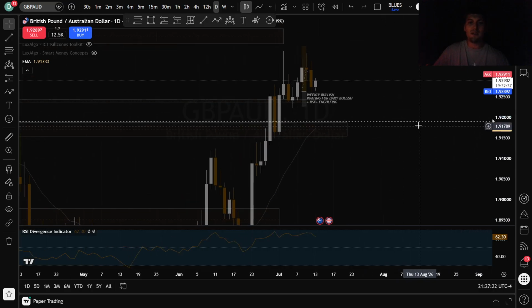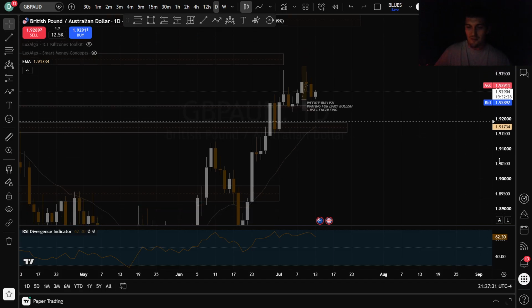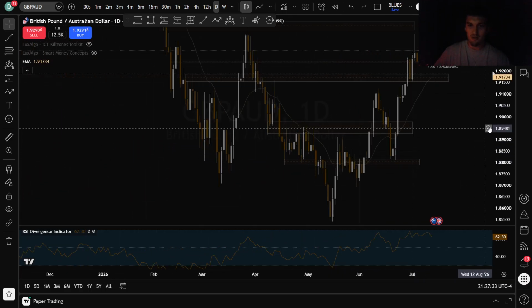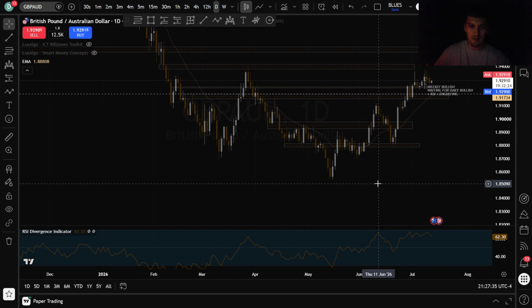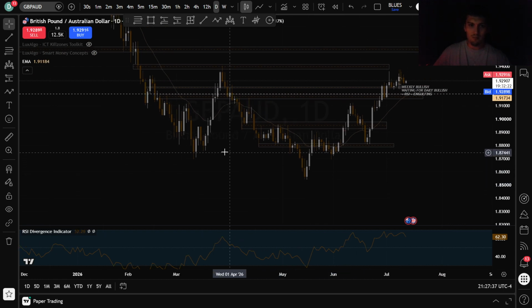The more experience that you have, you will begin to realize that these certain pairs have characteristics. The GBP AUD is very, very sploshy, like really big moves out of nowhere. See how we just trend up and then instantly we just trend down.